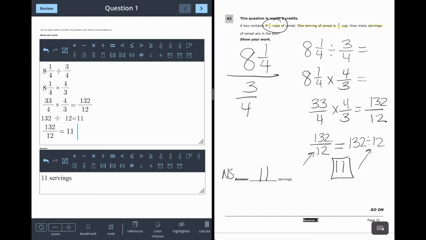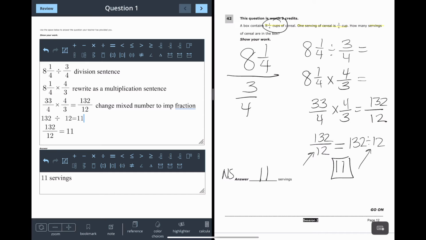That's all of it. And you can see how I'm simplifying it each way. So I have my division sentence, rewrite as a multiplication sentence, change my mixed number to an improper fraction.